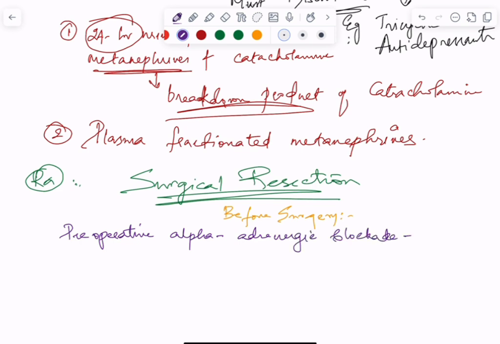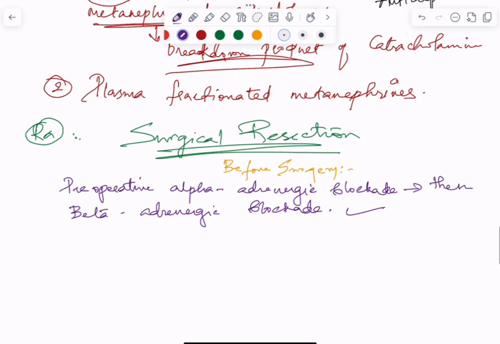So alpha adrenergic blockade, how many days before do we have to start it? Yes, 10 to 14 days before surgery. You have to give this medicine to the patient 10 to 14 days before surgery. Give me one example. Phenoxybenzamine.